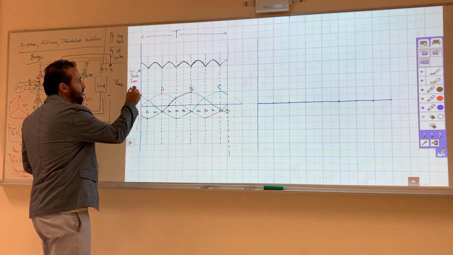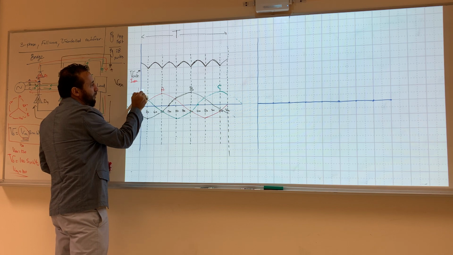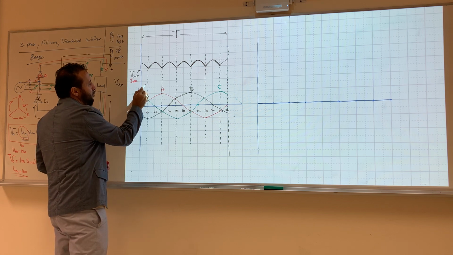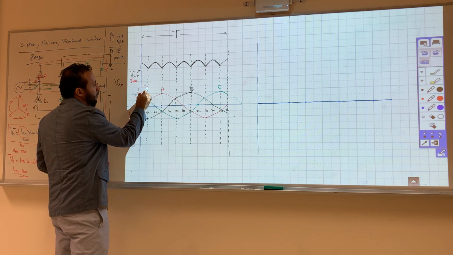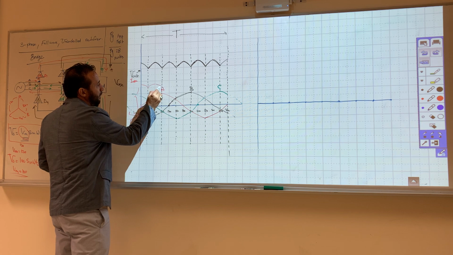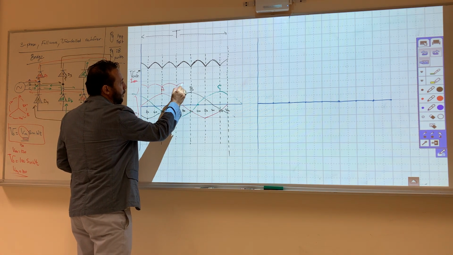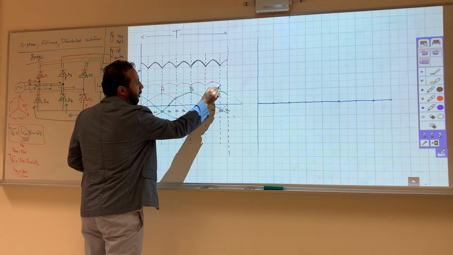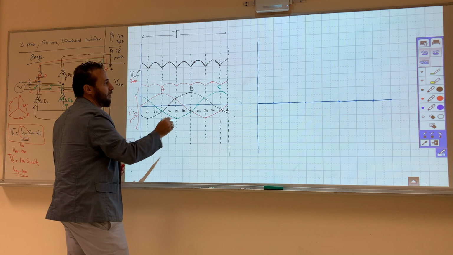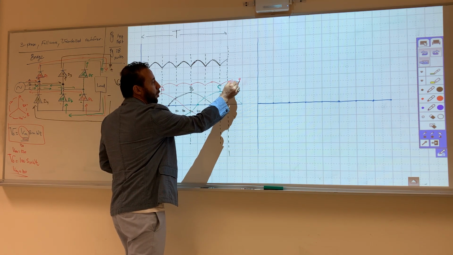If the load is resistive, we will have approximately the same, but it will be lower. It will be right here. So you will see it like this. Then the current will look like this. This one here with R load.